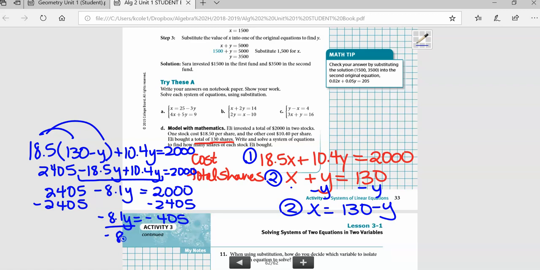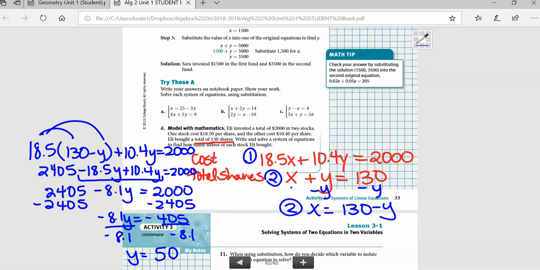Divide by negative 8.1. And y equals 405 divided by negative 8.1, which is positive 50.